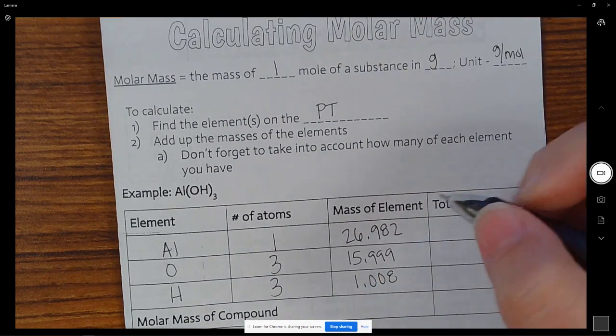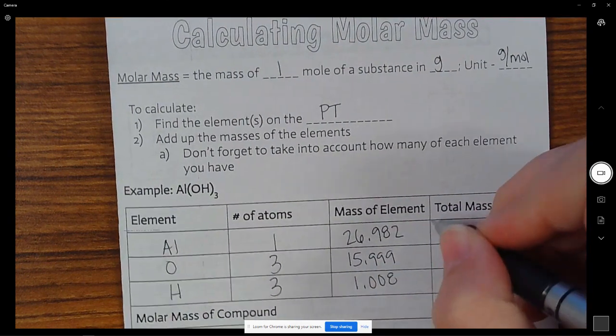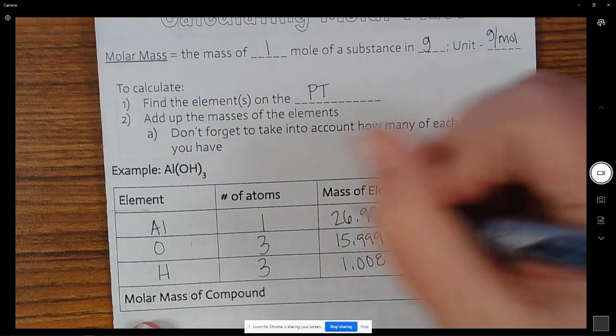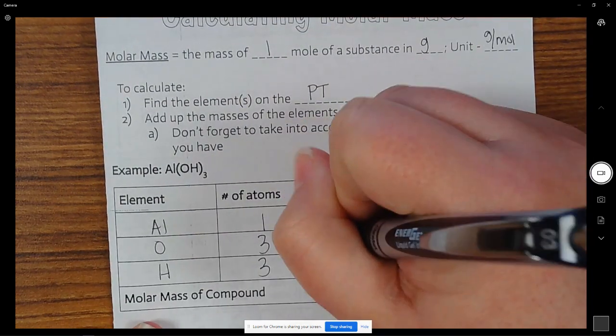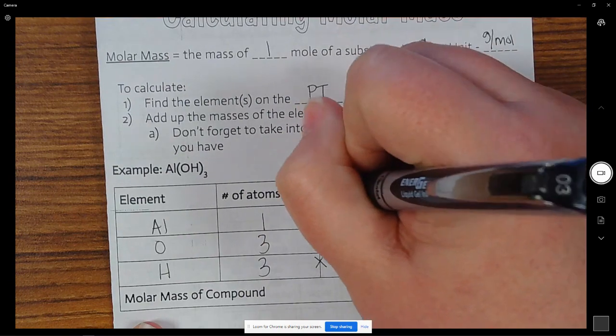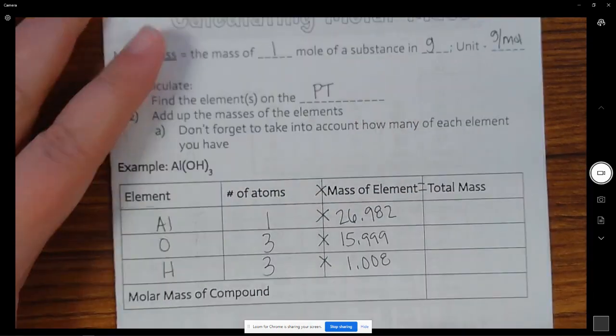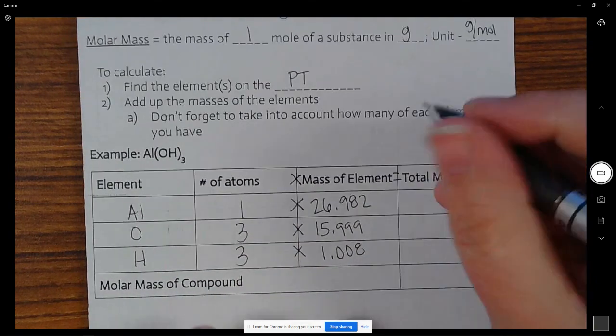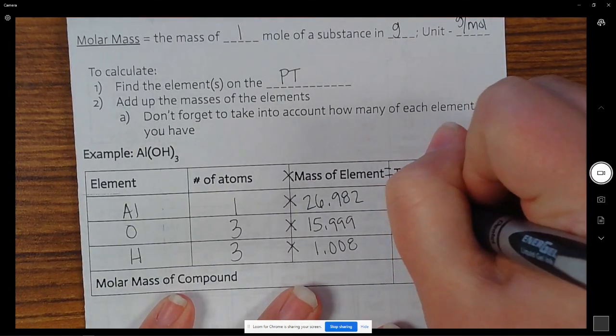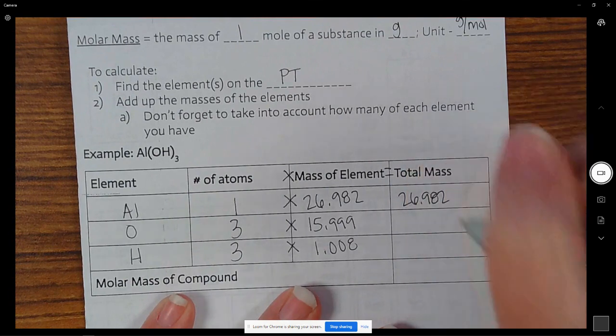Now we need to find the total mass of the element in that compound. The way you do that is these two get multiplied by one another. You multiply your masses together, and that equals the total mass of your element. 1 times anything is the same number, so 26.982.